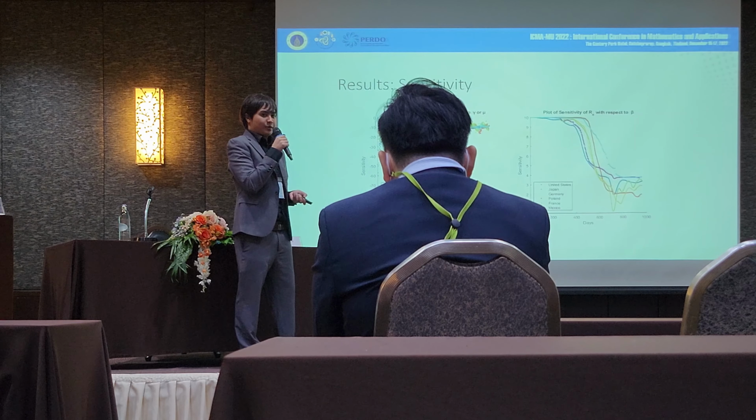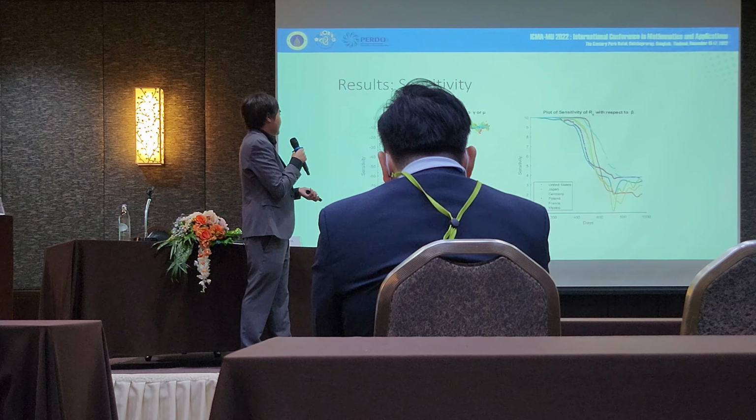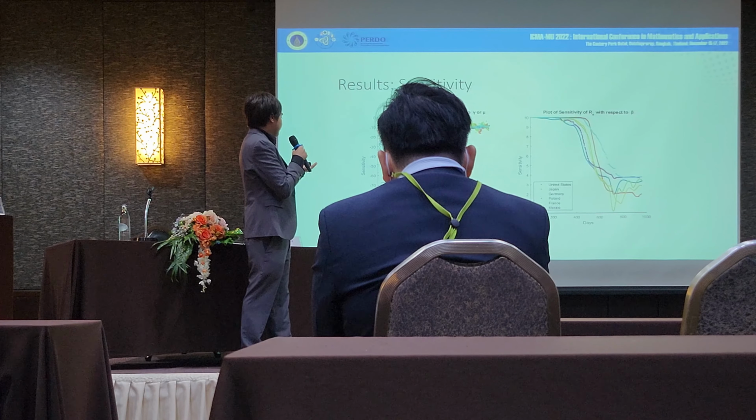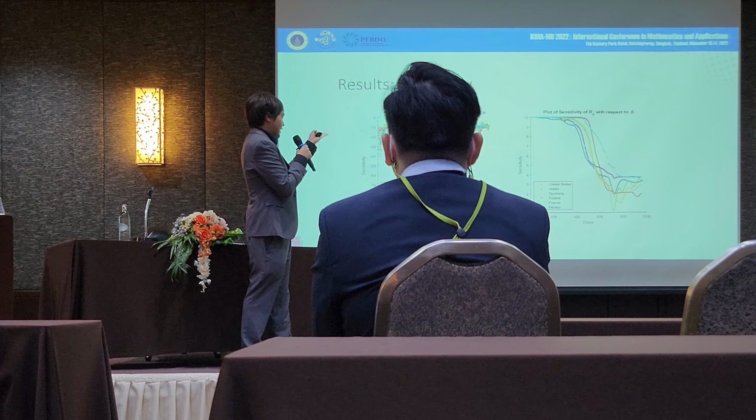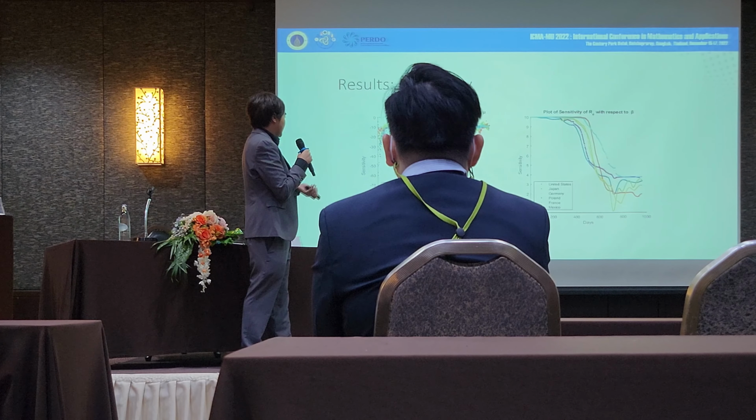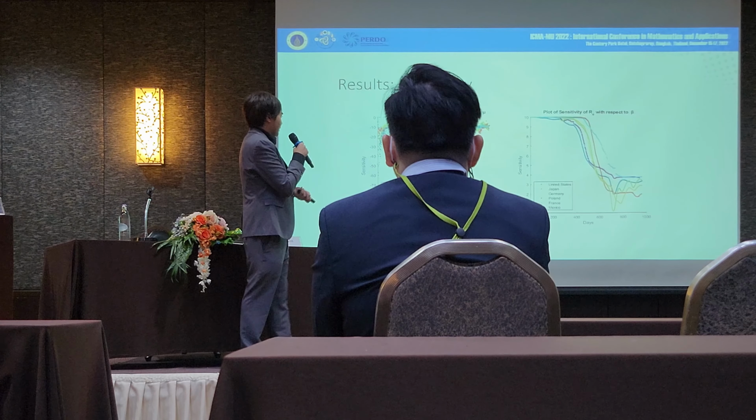So first, results for sensitivity, right? At first, speaking of magnitude, it's quite high, right? But then very quickly, actually, for every country, it goes to around, I would say, around -10 on average.